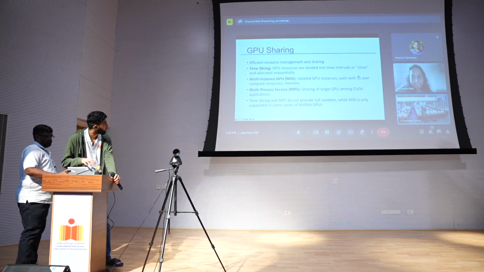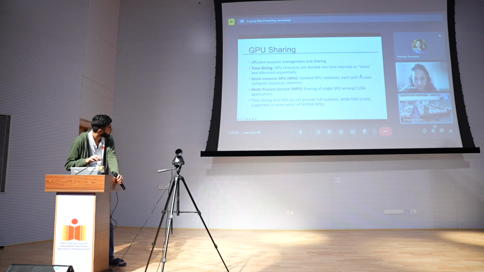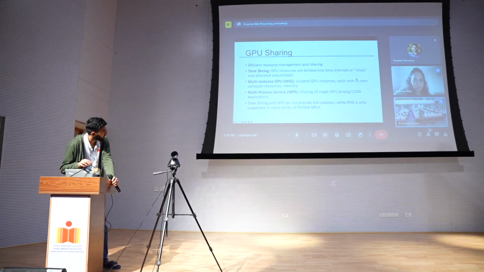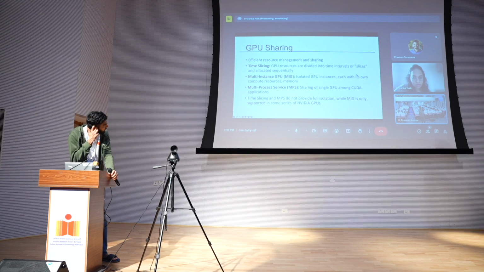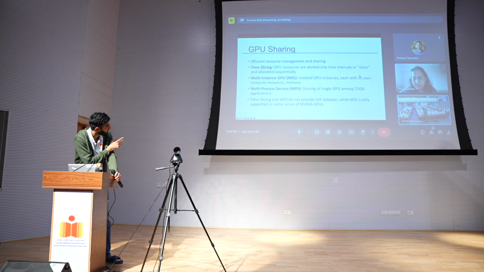So I was just wondering about the difference between time slicing and MPS. Could you explain a bit so that I understand? Both seem to be similar to me in some way. Yes, in a way, but it depends on how CUDA supports it.